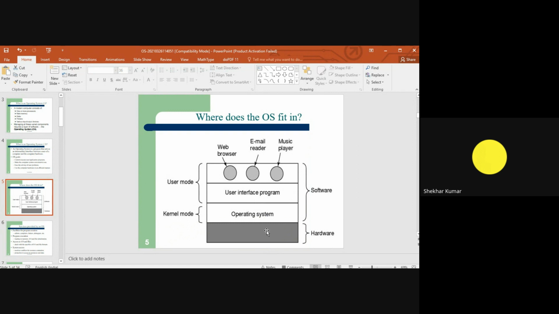Different types of computer systems were used. If you talk about the different types of computer systems, then we see that the first operating systems which were used were batch operating systems. These were very lengthy and time-consuming operating systems because in the batch operating system, we make a batch of similar tasks or similar jobs.